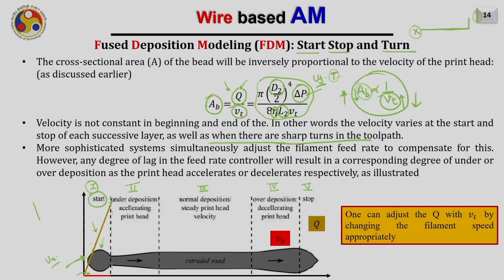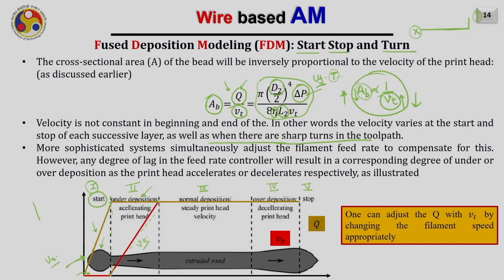Then under acceleration, when the head starts moving, it changes its velocity from 0 to the desired velocity. So Vt is changing linearly now, following this curve. The head is accelerating, Vt is increasing, and your deposition head is giving a constant feed rate from the nozzle.